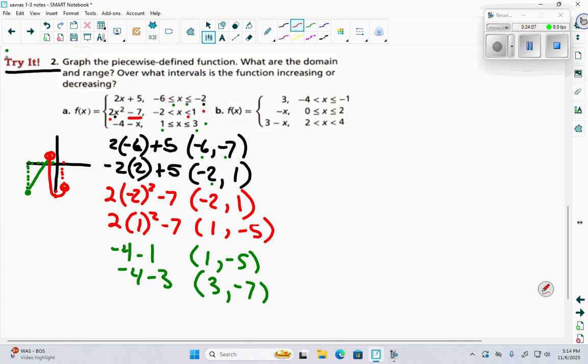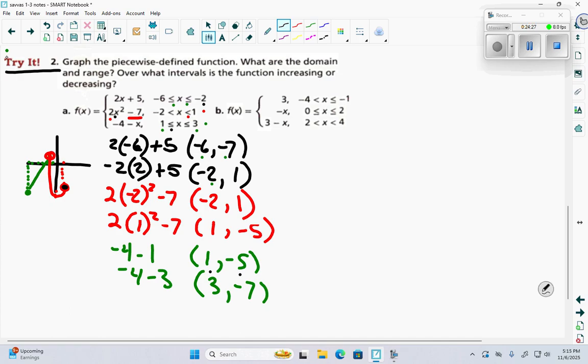The last part, since I did the other one in green, I'll do this one at the bottom. I would go over 1, down 5, which is this point, and it's a closed circle, because we've got the closed circle for the 1. For the 3, it's going to be another closed circle.